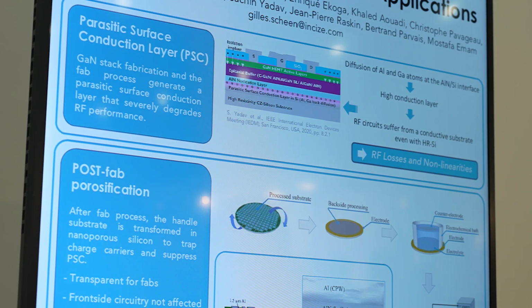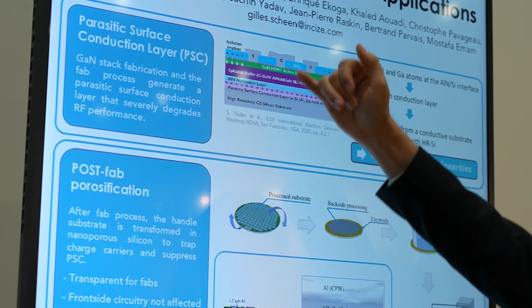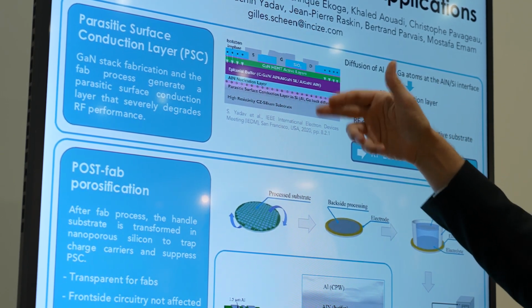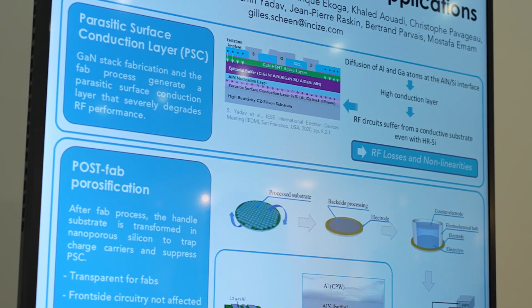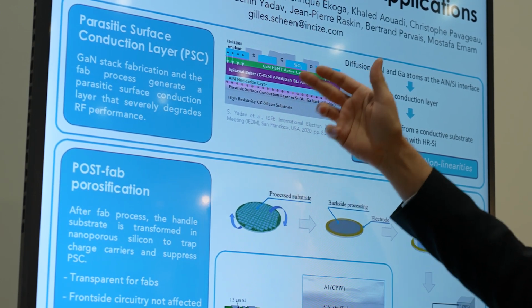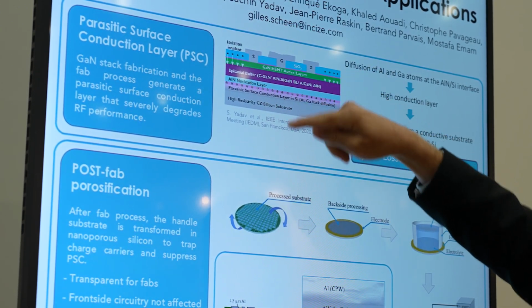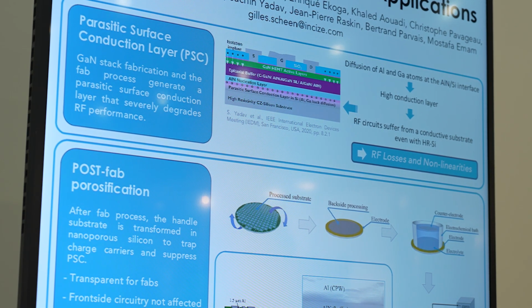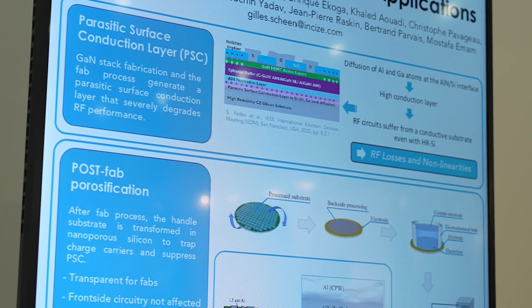The problem is during the fabrication, there is interdiffusion between the atoms, between the layers, and for example, aluminum atoms diffuse into the high resistive silicon substrate.